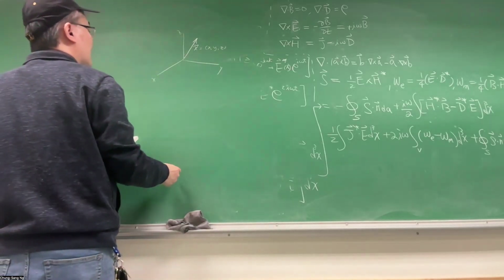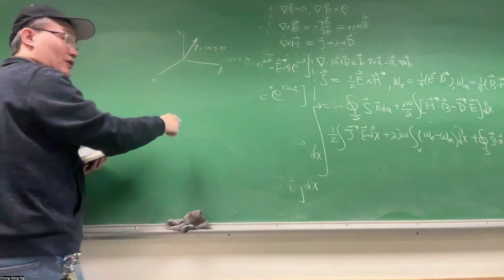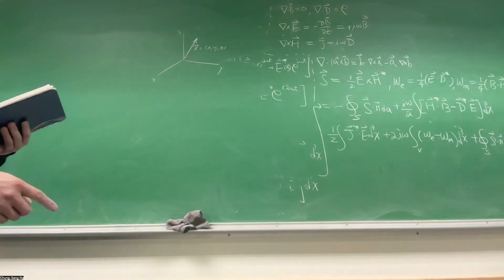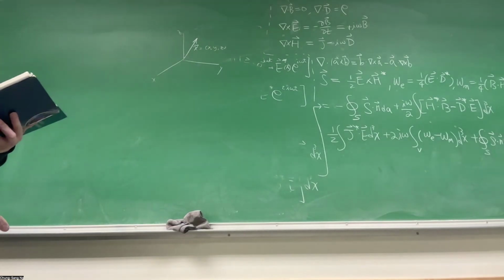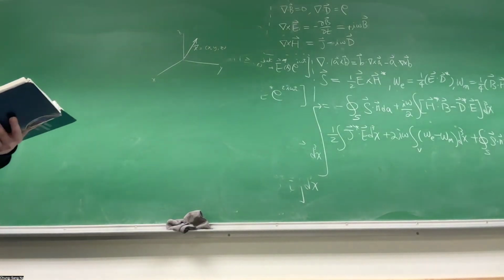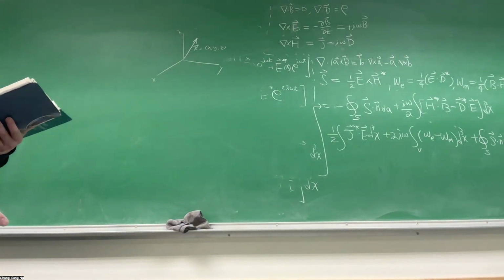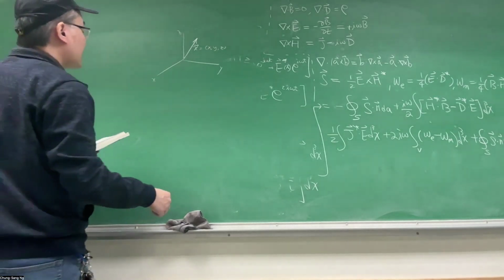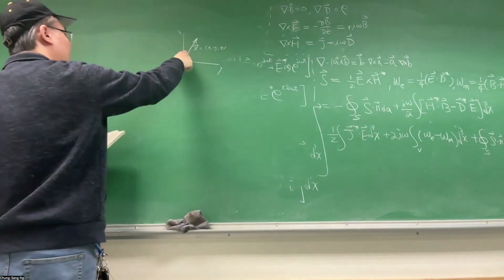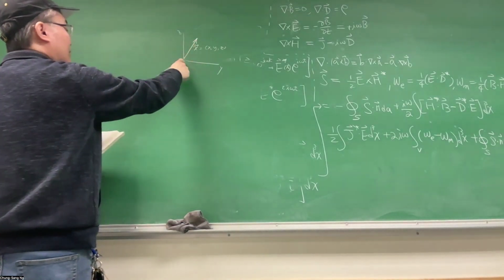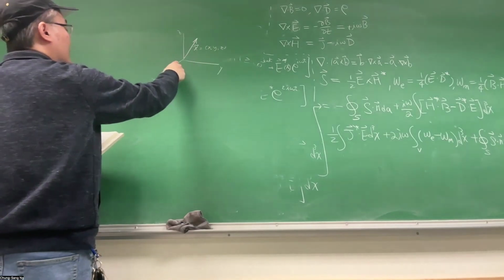But this is your artificial choice. You choose the coordinate system, so that is man-made, not nature. The vector x exists in nature. So therefore, what we want to do is to make sure that this exists in nature, independent of the choice of your coordinate system.